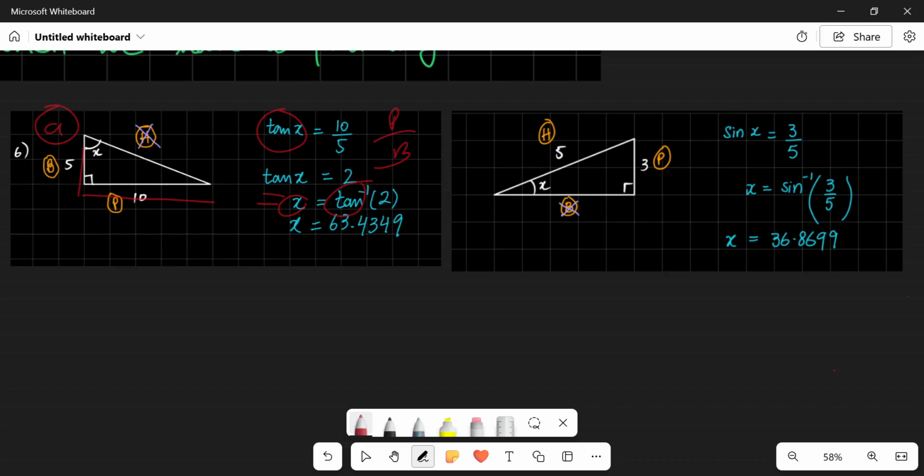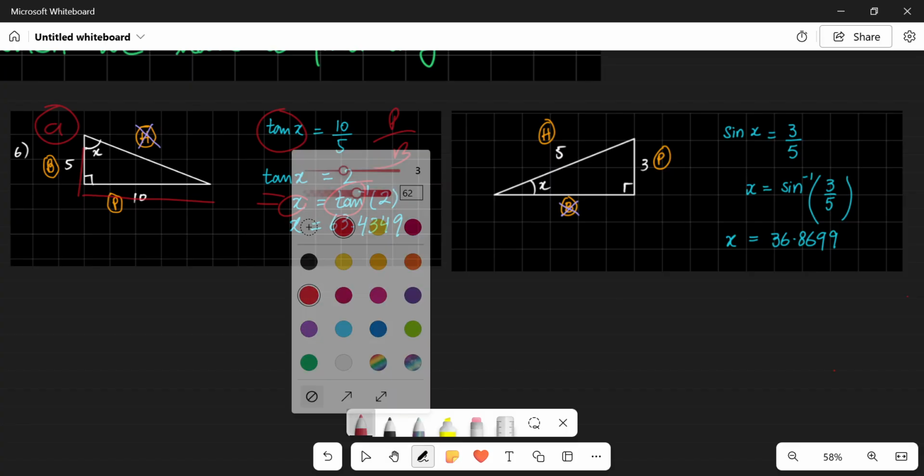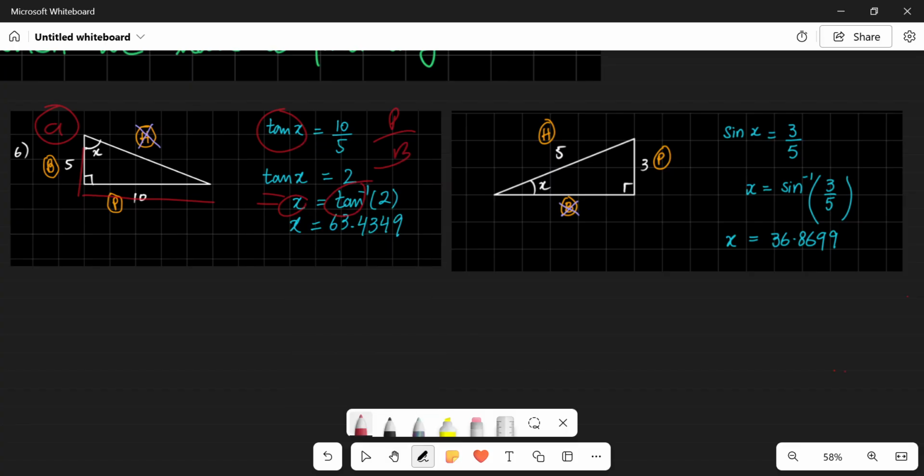Okay, the second example. Here again we need to find the x value. The two values given to you are the perpendicular and the hypotenuse. Perpendicular and hypotenuse are included in sine theta.